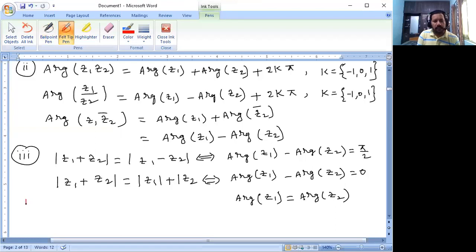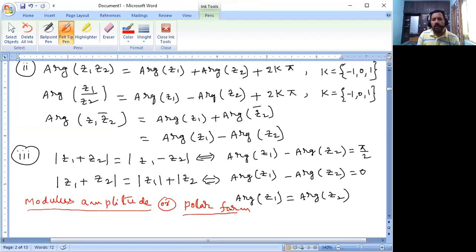Next concept: modulus amplitude form or polar form.